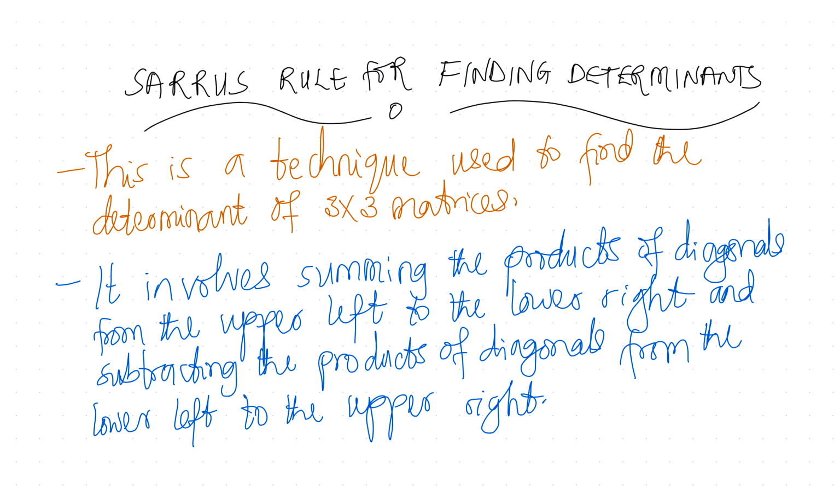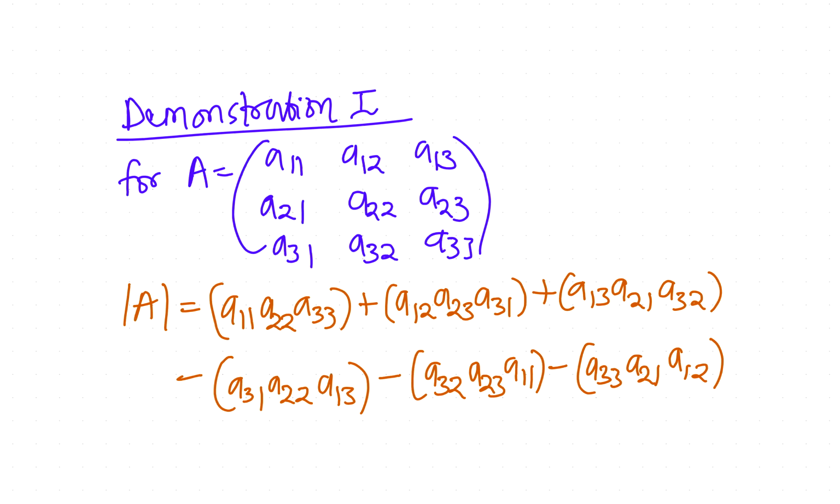Okay. All right. So the fundamental technique is what you have here, the first demonstration. And from the definition we have down there, this is how it goes. You take this cross this way, so that's A11, A22, A33 multiplied together.